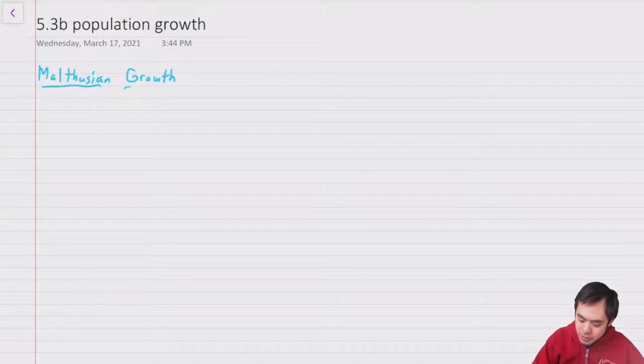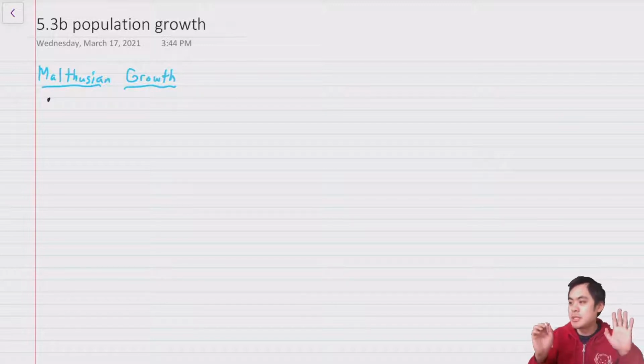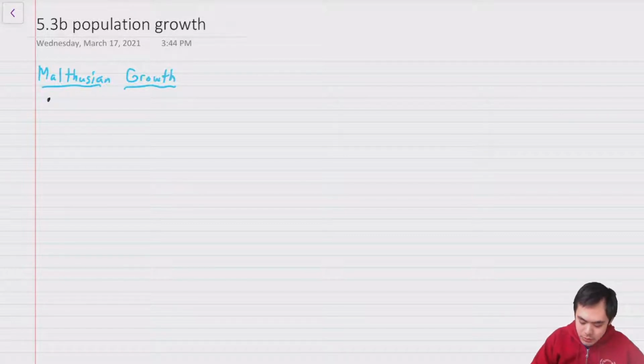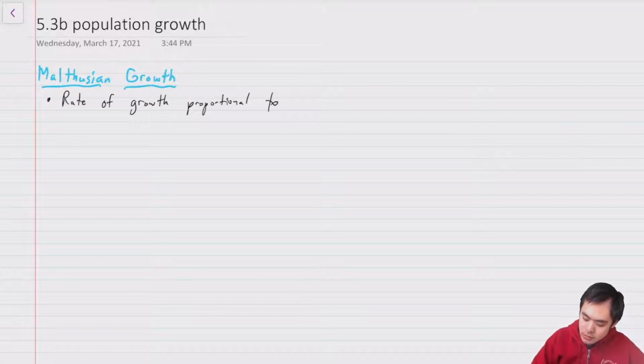So Malthusian growth. And that basically just has a single idea. So the rate of growth is proportional to population size.